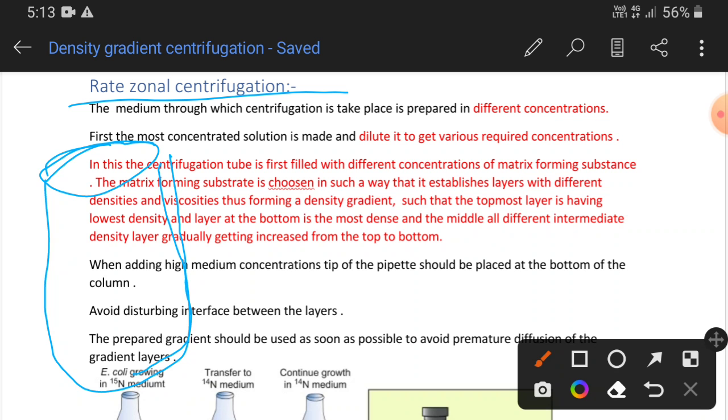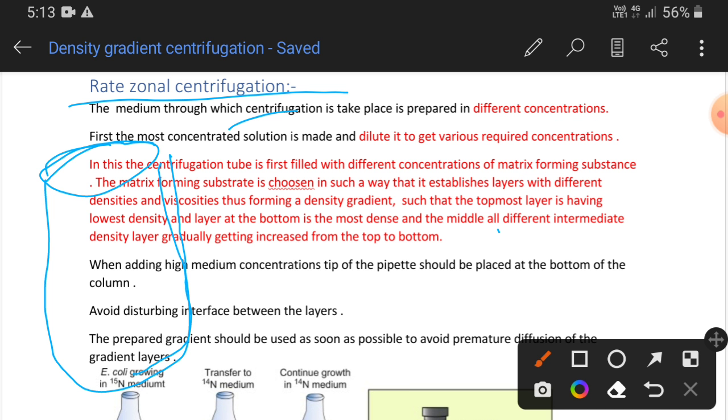That means rate zonal centrifugation will have the gradient before centrifugation. Now, on the basis of that gradient, depending on their size and density, these two properties can play a role, they will be separated.